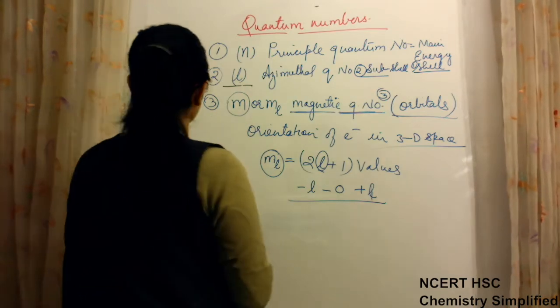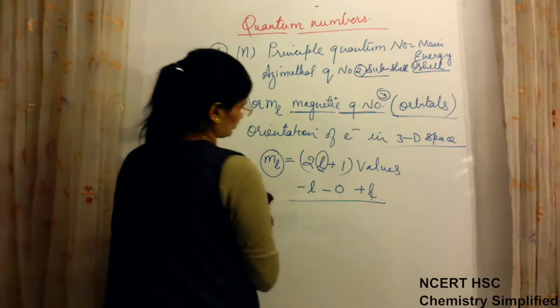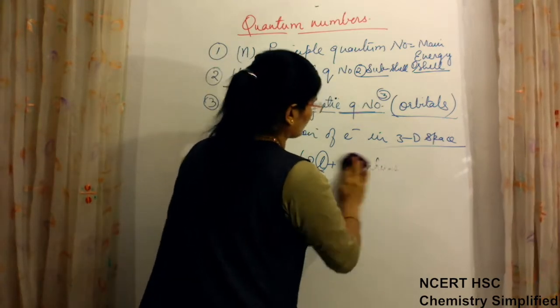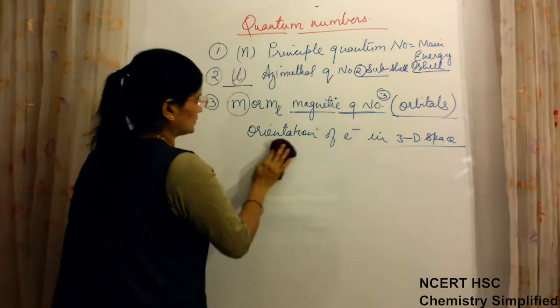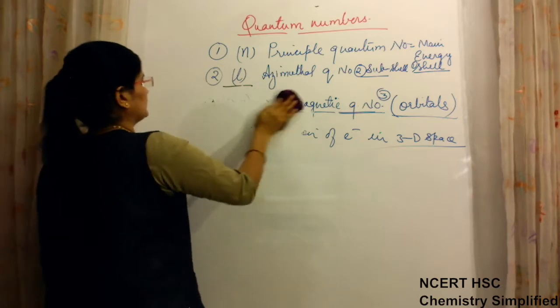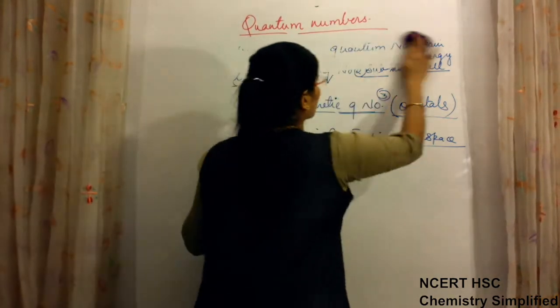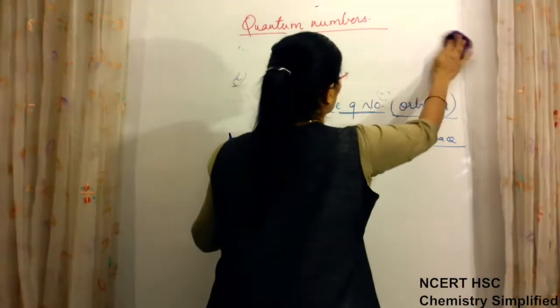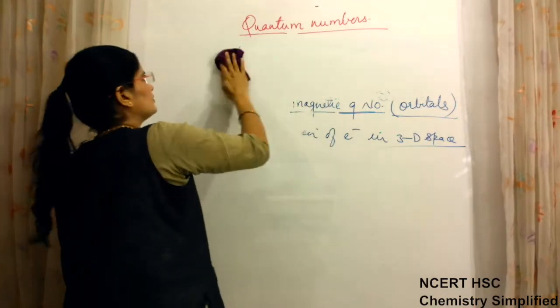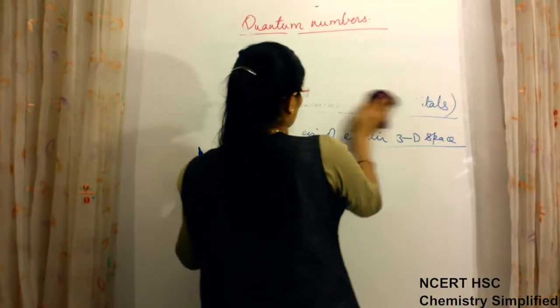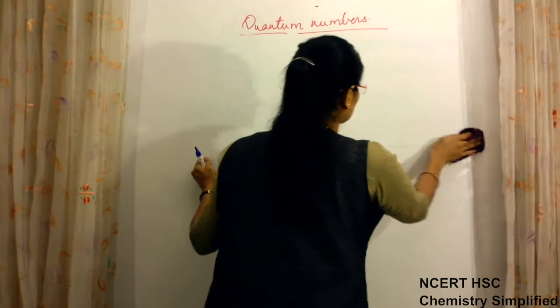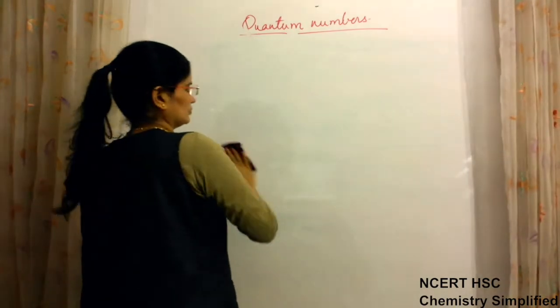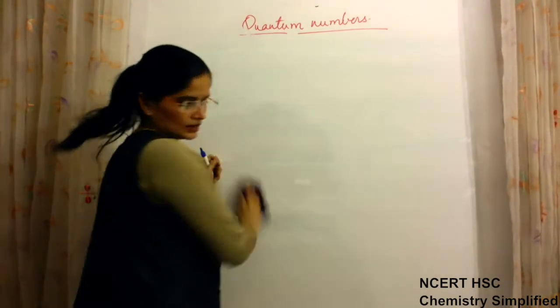Now diagrammatically, let me clear this and then we will make the diagram as well as write the formulas, and we will see how we find the values of m for different subshells.